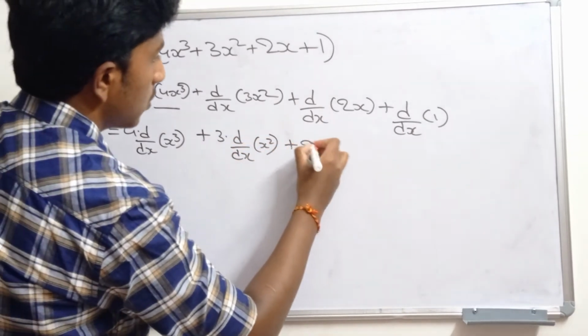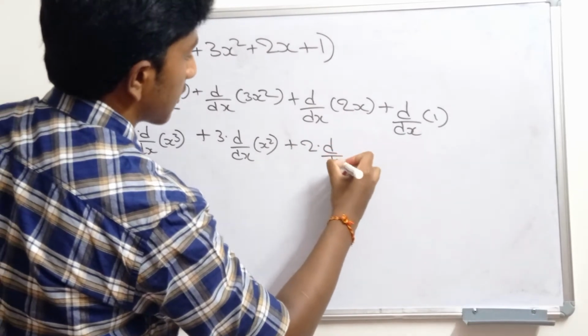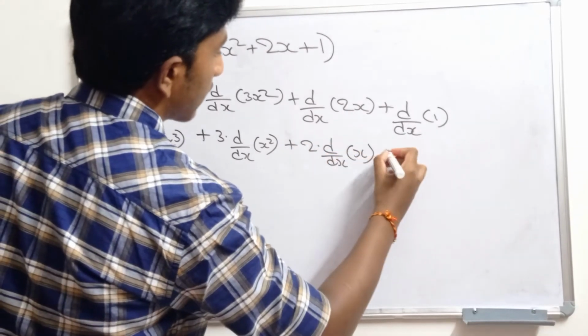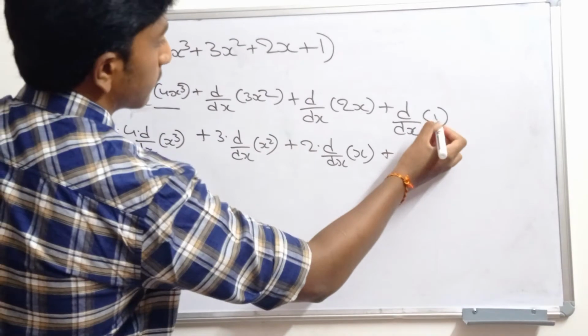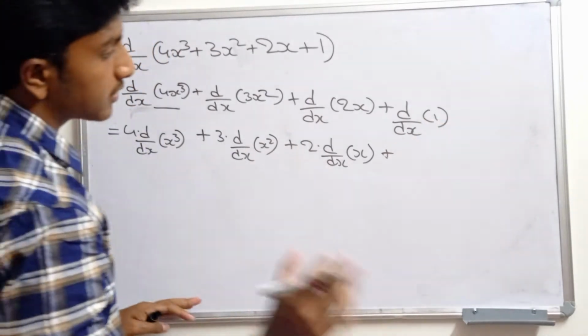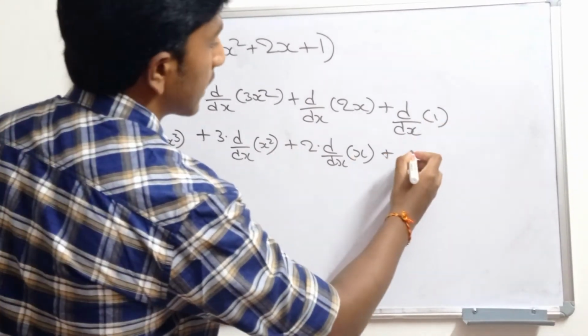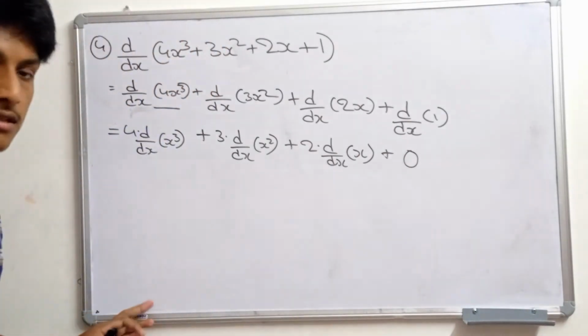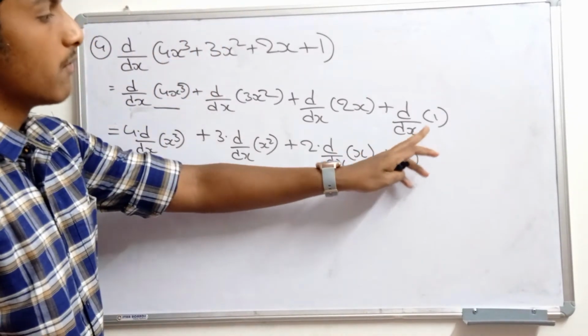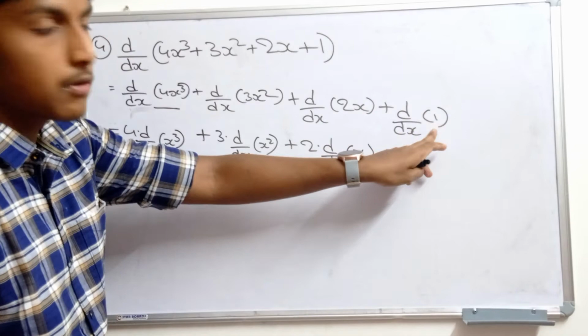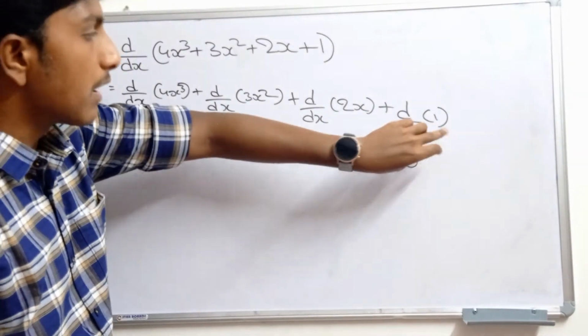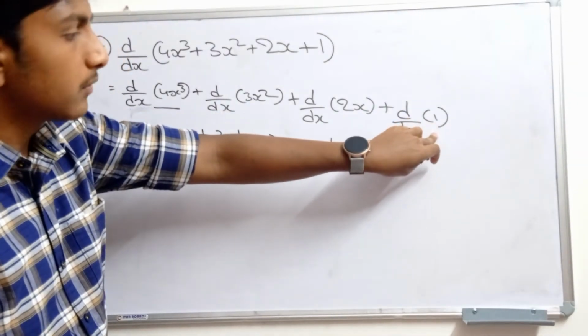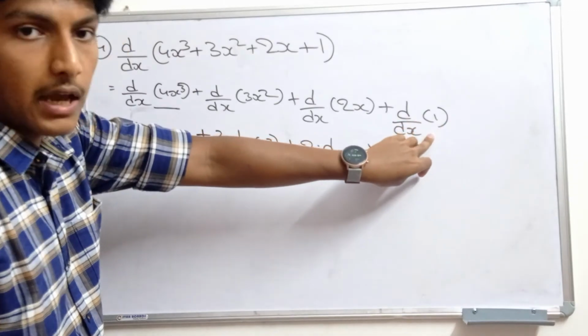Here 2 comes outside, d by dx of x. When you differentiate any constant term, 1, 2, 3, any constant, you will get 0. This is the rule, guys. Is it clear?